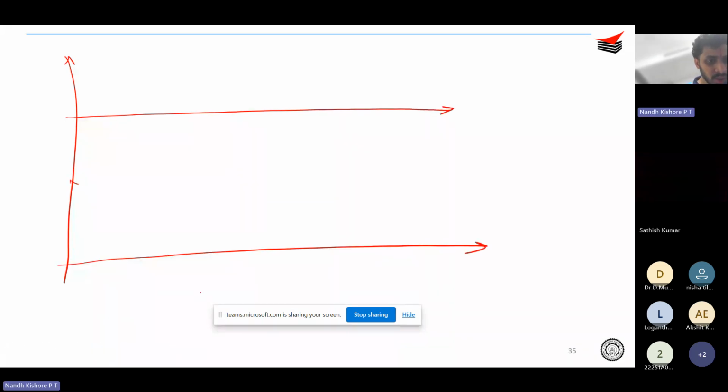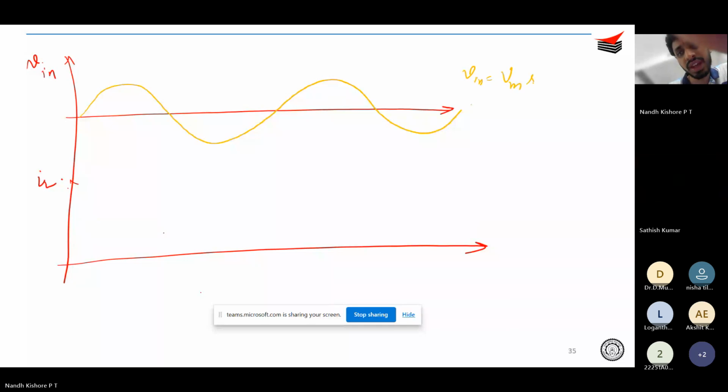So this is Vin and this is IL. Your Vin is varying something like this. Vin is equal to Vm sine omega t. And what about our IL?